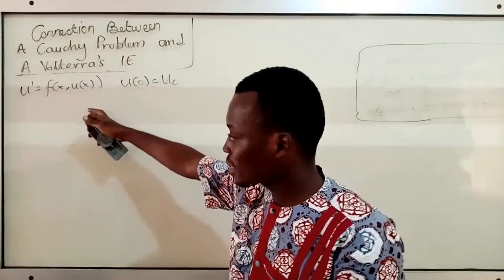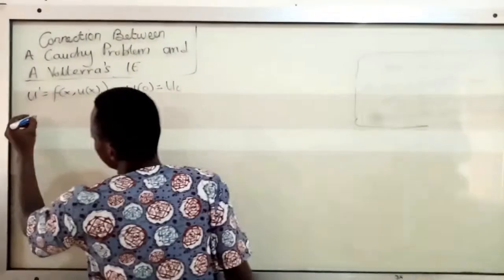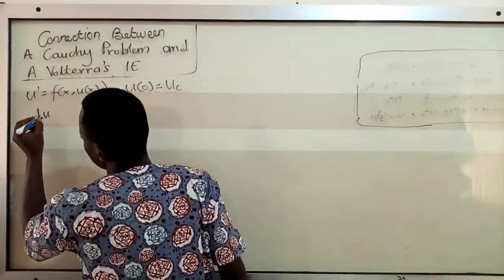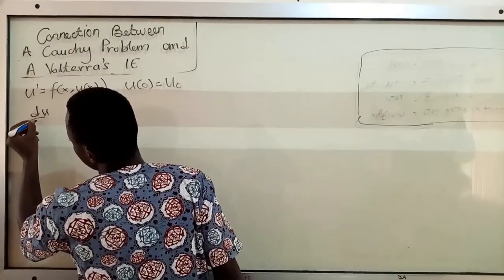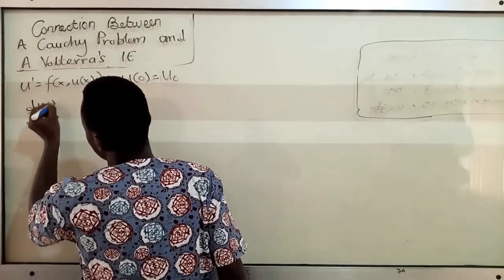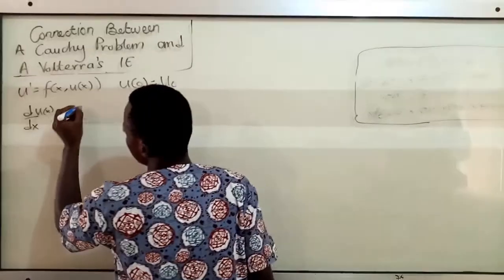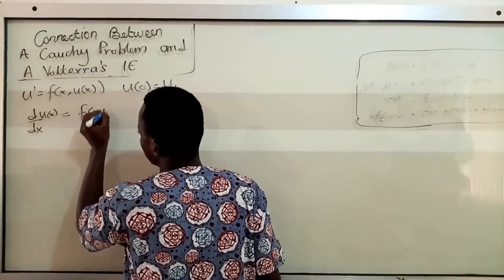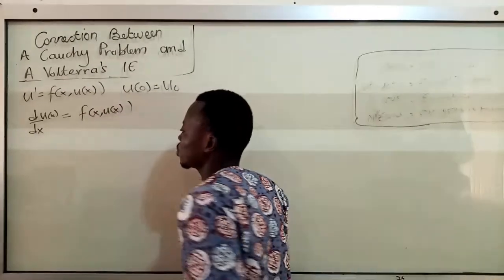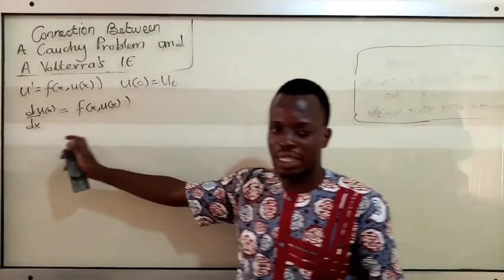Now this can be written as follows. Let's multiply each of the terms by ds.